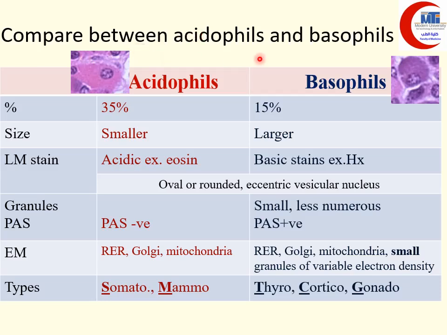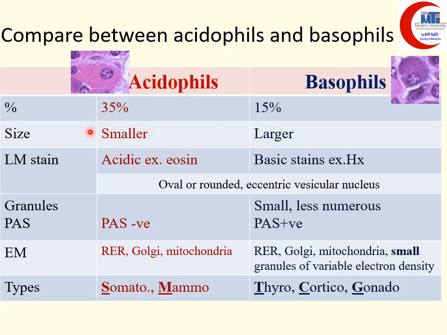Comparison between acidophils and basophils. Acidophils by percent are 35%, and basophils 15%. But acidophils are more in number and smaller in size.